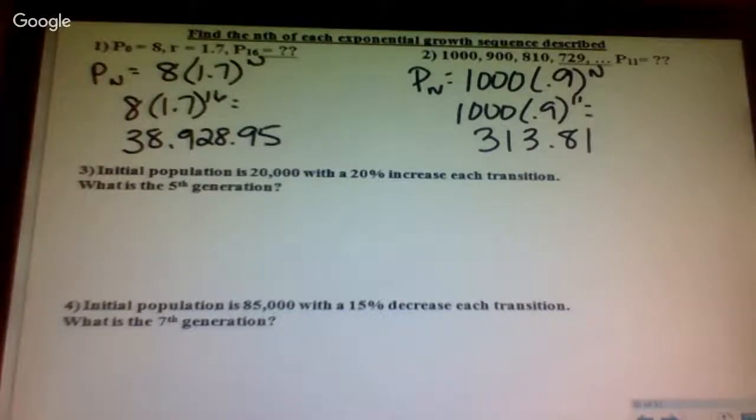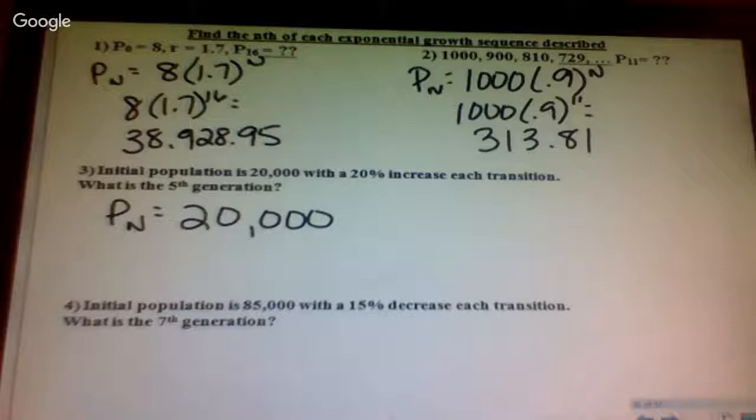Number 3, we have an initial population of 20,000 with a 20% increase. What is the 5th generation? P sub n equals 20,000 times 1.2.